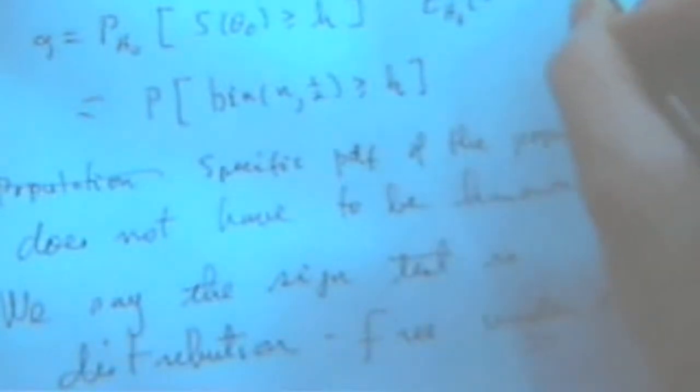Under H naught, the expected value of this test statistic is n over 2. I would go back to the stem-and-leaf plot, it's easier.